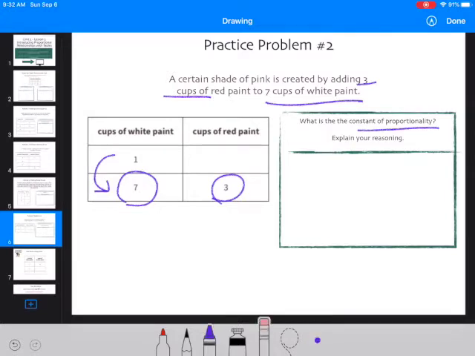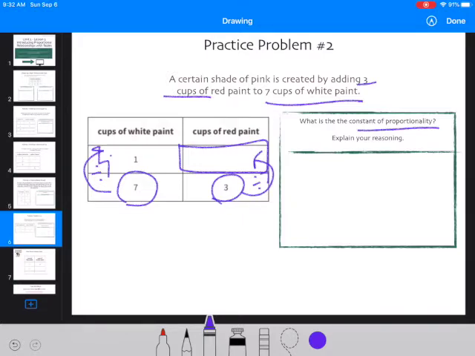So I can't work the way I intended because my empty box is on top. So normally I go down, but this time I'm going to go in reverse. So 7 divided by 7 is 1. So now I'm going to do 3 divided by 7.